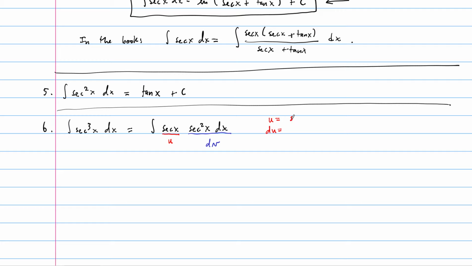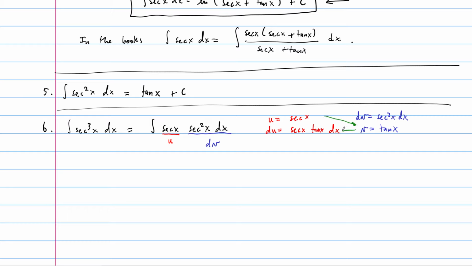So if u is secant x, du is secant x tangent x dx. If our dv is secant squared x dx, then our v is tangent x, as we just saw, right? We just computed that.